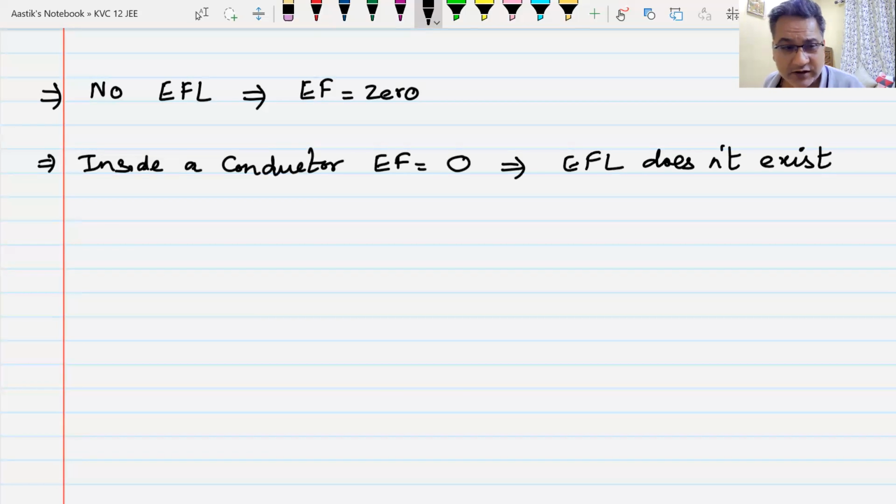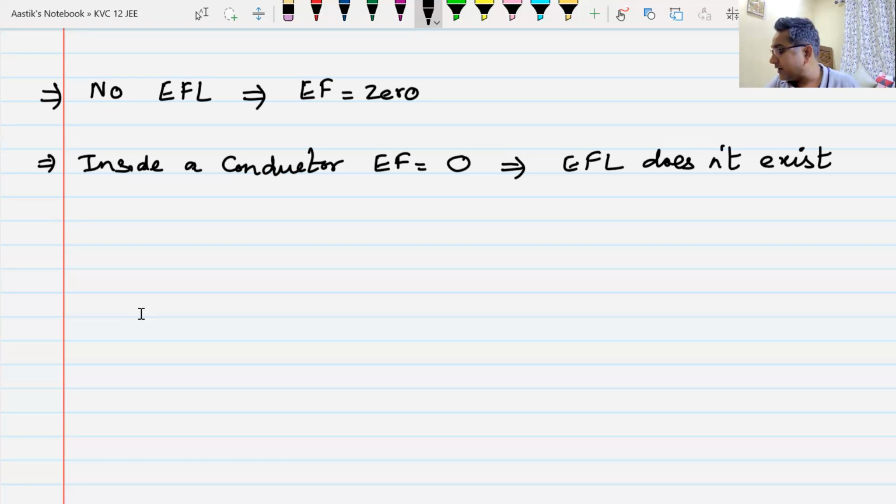That means whenever you have a conductor, electric field lines will either end there or start from there. Whether it ends or starts, it is always perpendicular or normal to the conductor. That is the next point that you will remember.